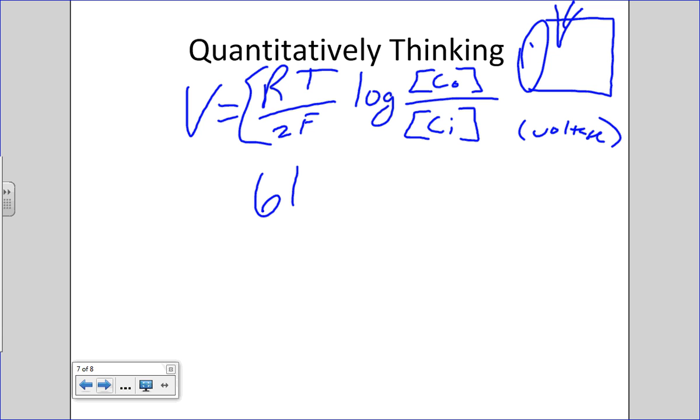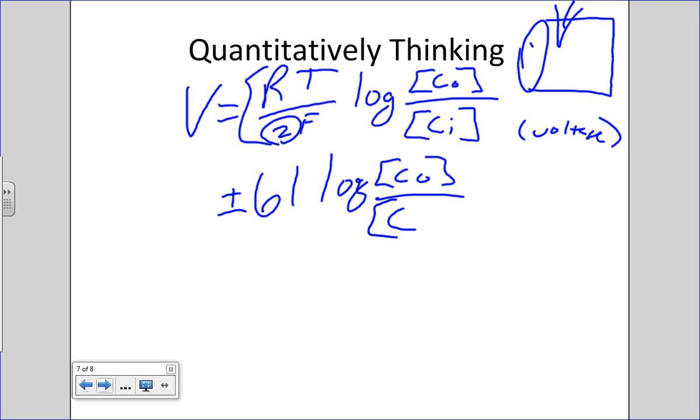So we would write this as, to represent Z, plus or minus, because you can do this essentially for any ion across the cell membrane. And then we're going to multiply that by the inverse log of the concentration outside versus the concentration inside. Simply put, all we have to do now is gather information about the concentration of these ions across the cell membrane.